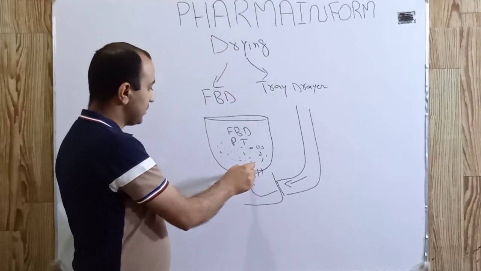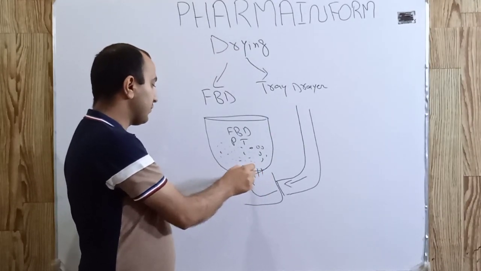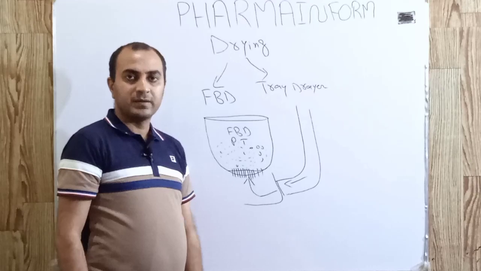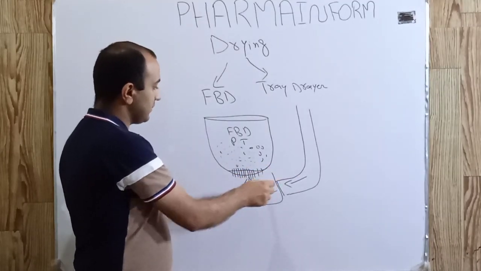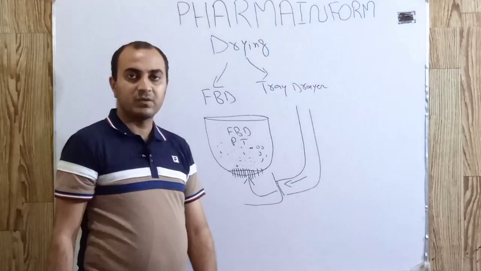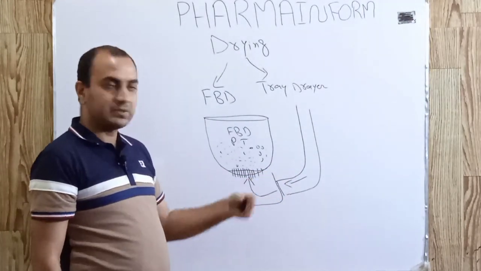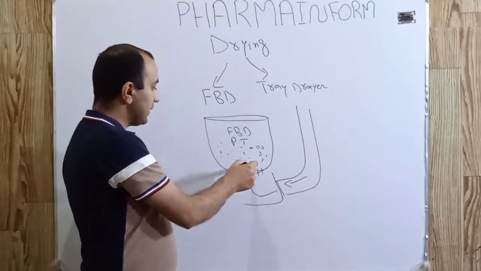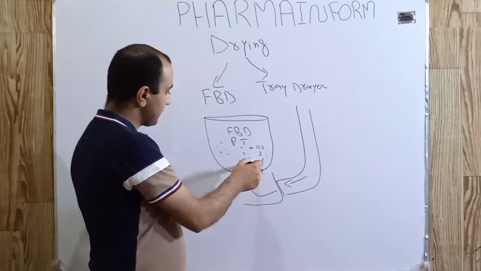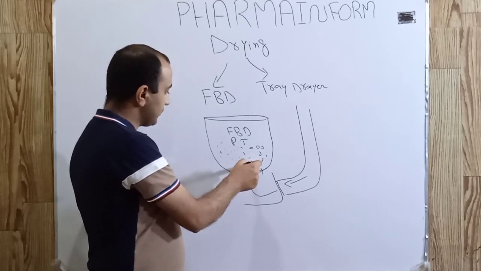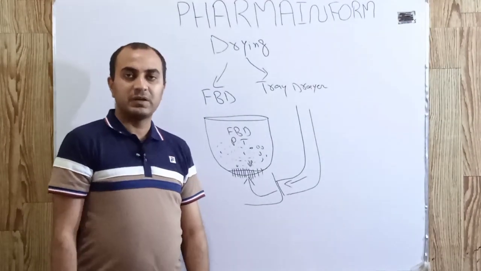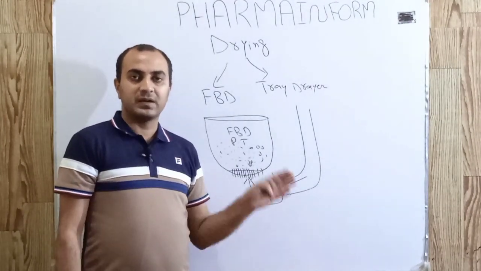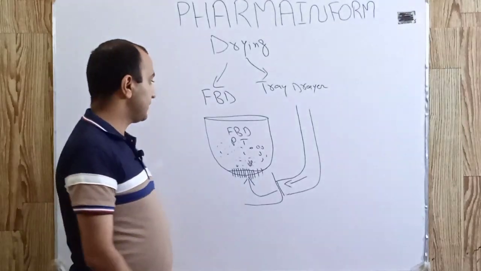Hot air moves upward through the perforations of the product trolley. Heat in the hot air, when it comes in contact with wet granules, takes moisture from the wet mass and dries the wet mass.